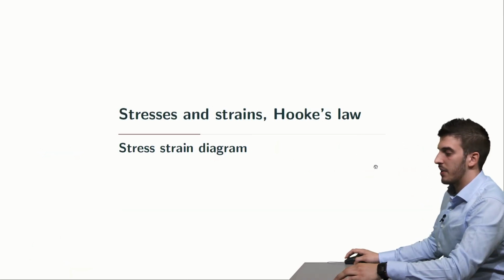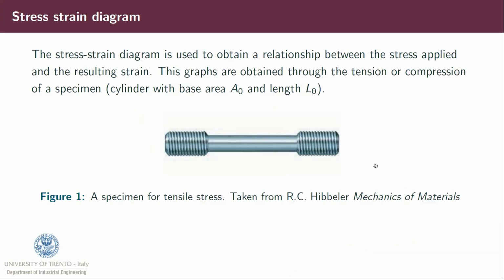Now let's talk about the stress-strain diagram. The stress-strain diagram is used to obtain a relationship between the stress applied and the resulting strain. This graph will be obtained through the tension or compression of a specimen. It will be a cylinder of base area A0 and length L0, made like in the figure.